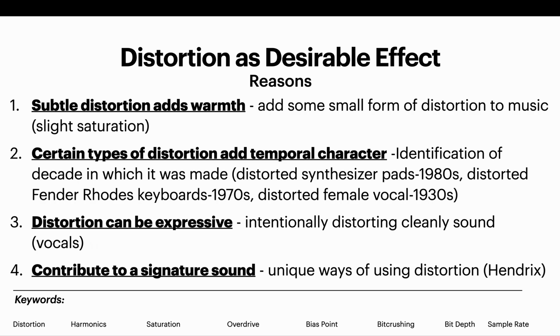And last but not least is how to emulate distortion to get a certain sound. And again, I've mentioned here about Hendrix. Now, within this, what is very important that you are able to remember from this lecture are all these keywords. You will be asked about this on tests, but also after this lecture, and I'll be expecting you to be able to use these keywords to your advantage.